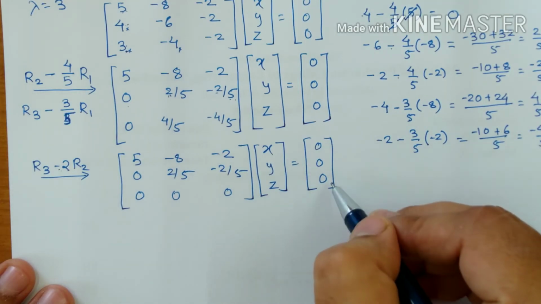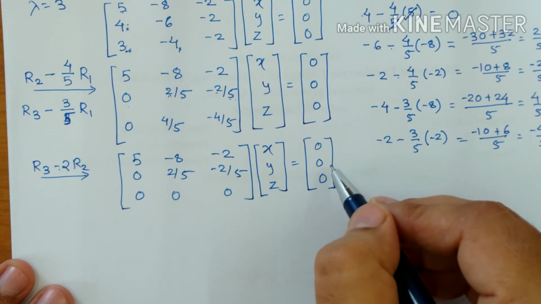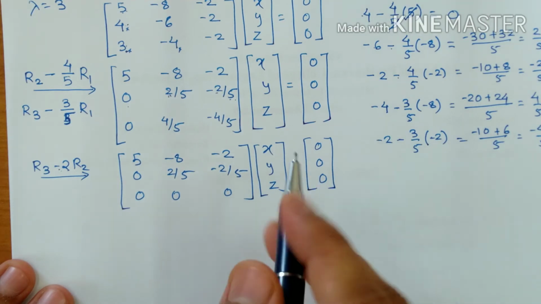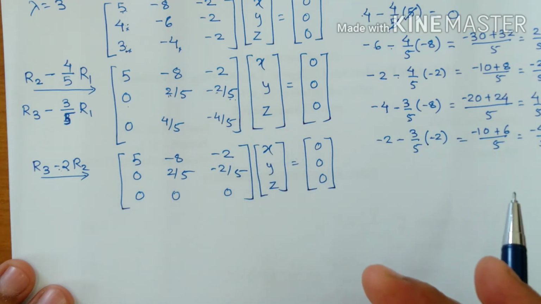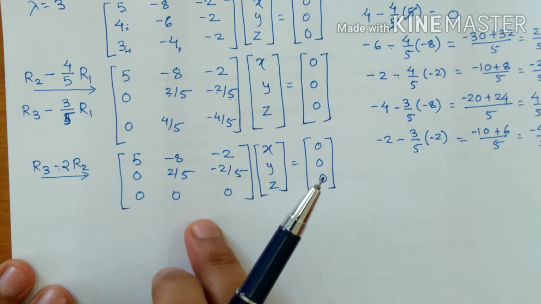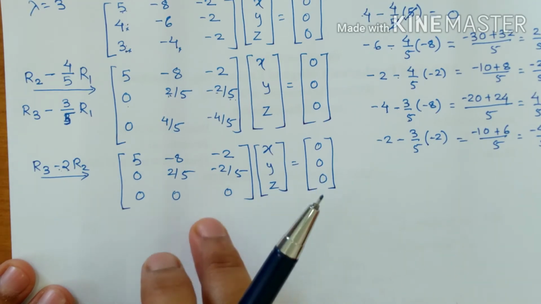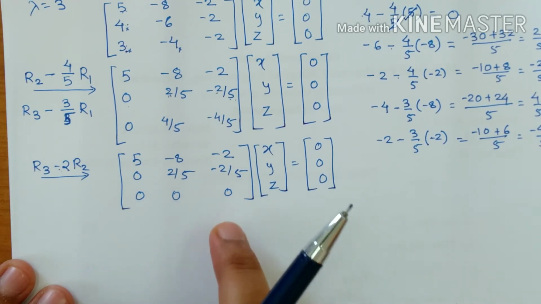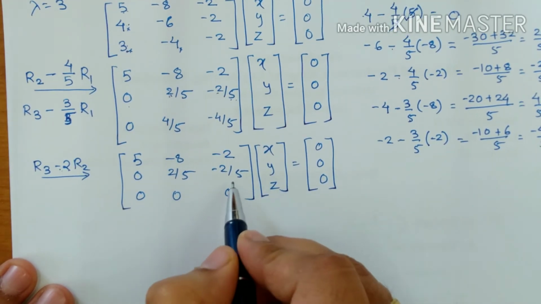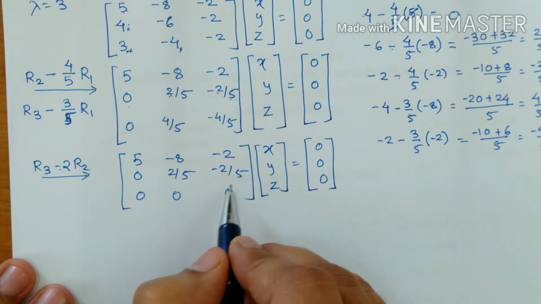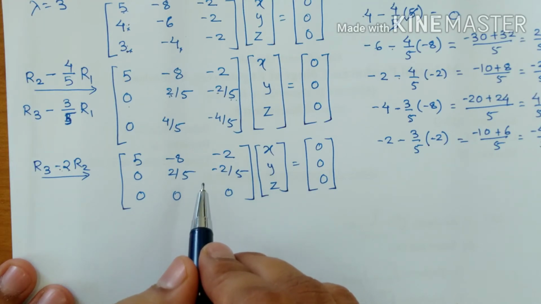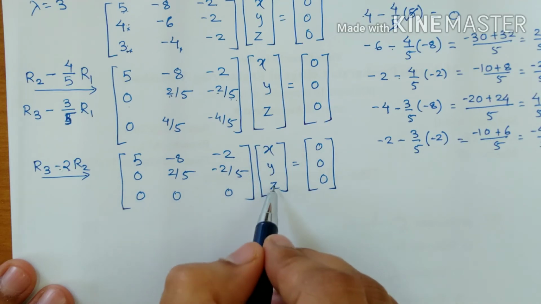And in case of a homogeneous system, the trivial solution is nothing but a 0 vector, or say 0 values, which is not of use, because we are trying to find out the eigenvectors. So while getting the eigenvectors, we require a non-zero eigenvector. It has to be non-zero, basically. That's why. So what is expected in this problem? It is expected that your matrix A minus lambda I should have number of non-zero rows less than number of unknowns.